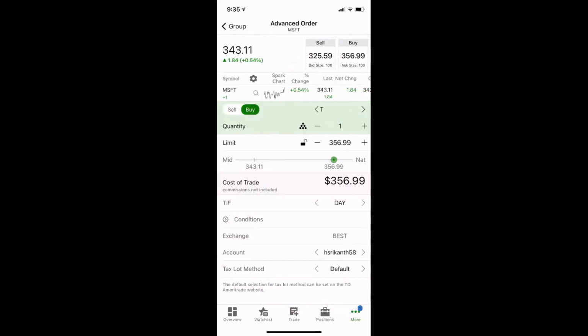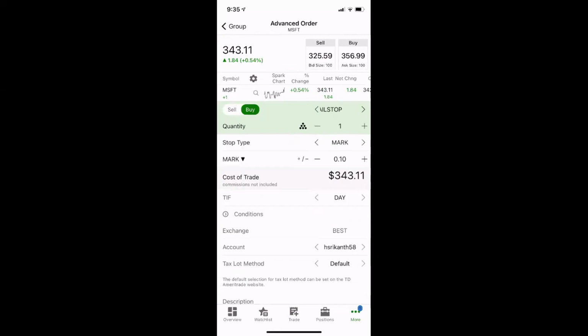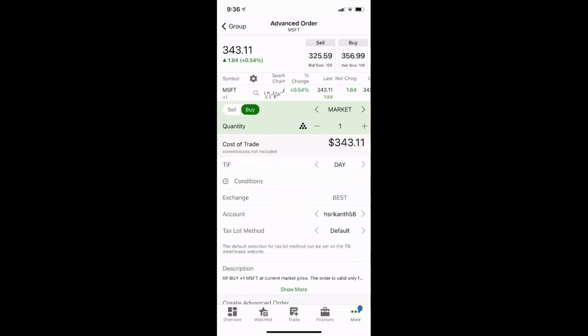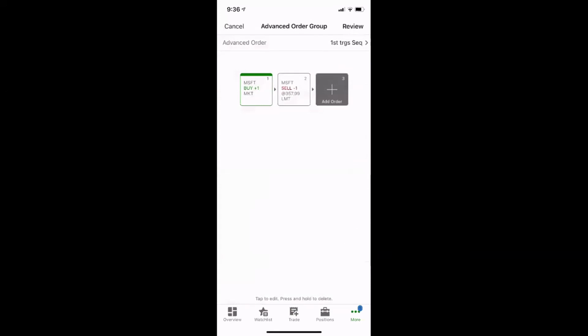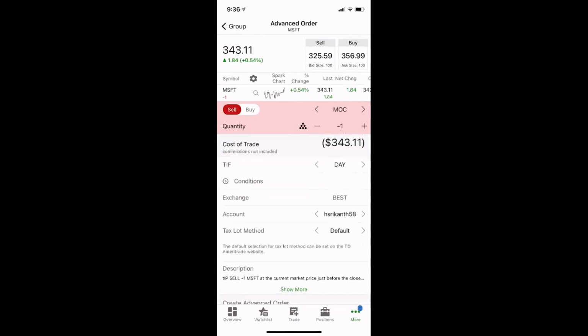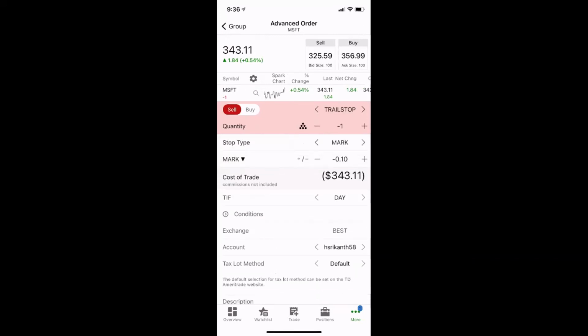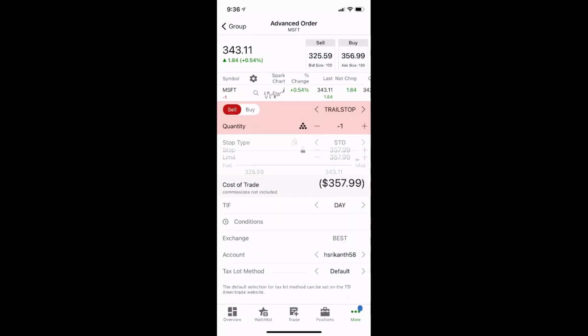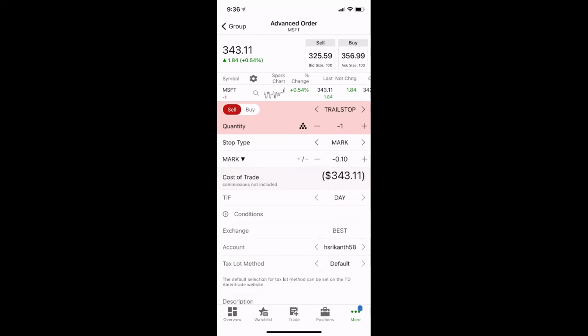and here I'll buy it at market. Right now I don't see the trailing stop percentage in Thinkorswim, but you can calculate it and then keep it.